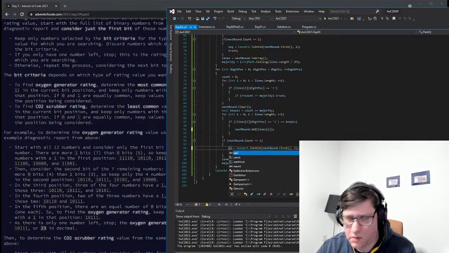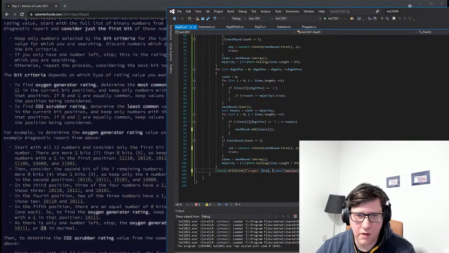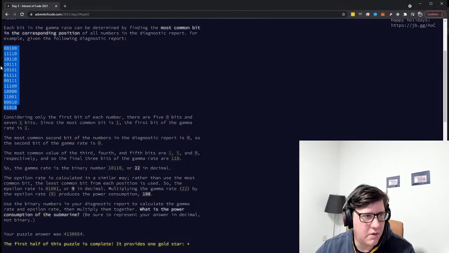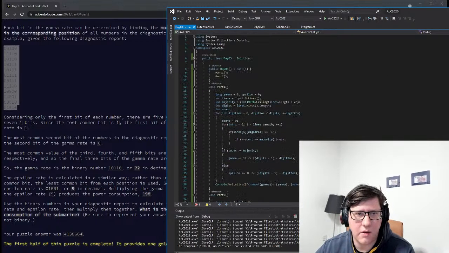This will be CO2. I will have to run this on the test input because I'm not so sure anymore. Oxy, name of, this can just be CO2, oxy times CO2. And let me run this against the test input because I want to be sure that it works beforehand.